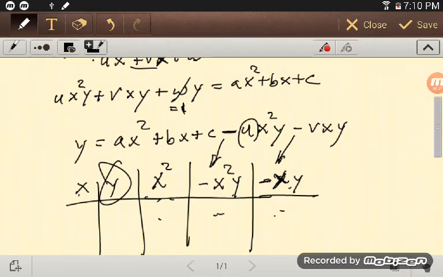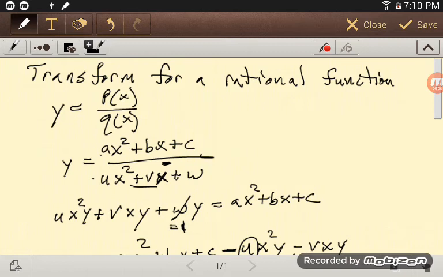Okay, so that's the idea in trying to transform a rational function to fit that with least squares. So you can really fit lots of different functions using this least squares criteria. We've hit on a few, but they're pretty versatile.